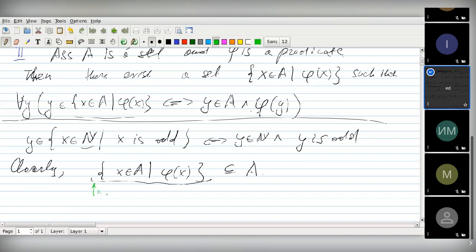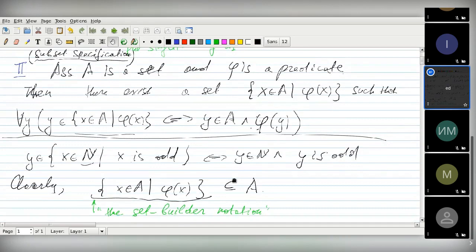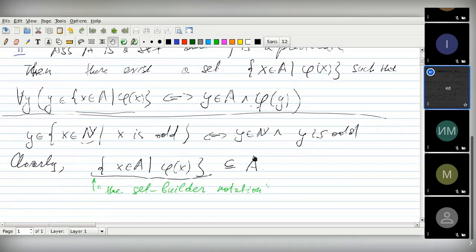It's called the set builder notation. It is a very popular name for this construction, and in particular for the notation thereof.